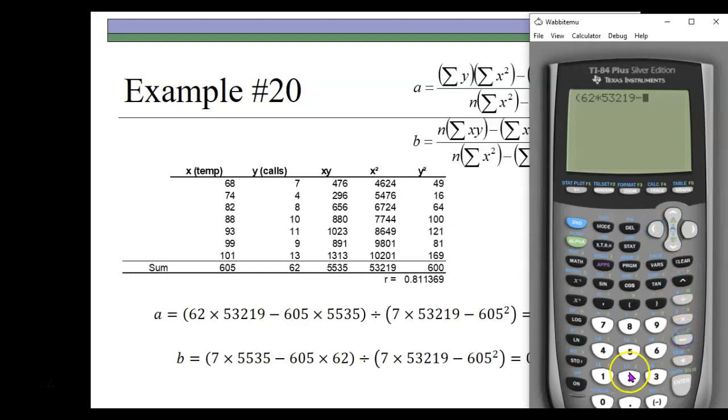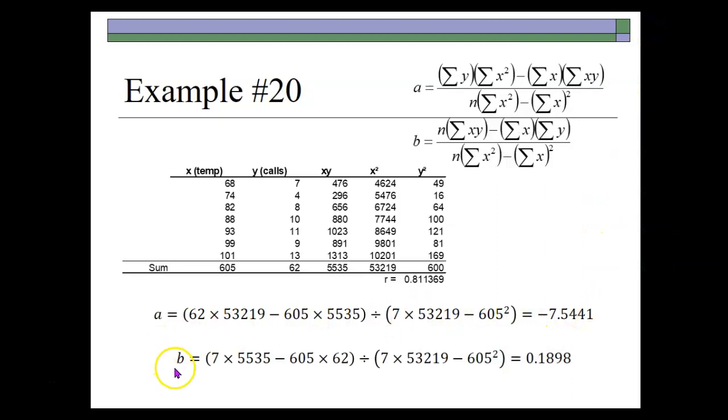We still have to do minus 605 times 5535. Now we close parentheses because we're done with the numerator, divided by, now we open up a set of parentheses for the denominator and type in 7 times 53219 minus 605 squared. Close parentheses, hit enter, and it comes out as negative 7.544 and so on.